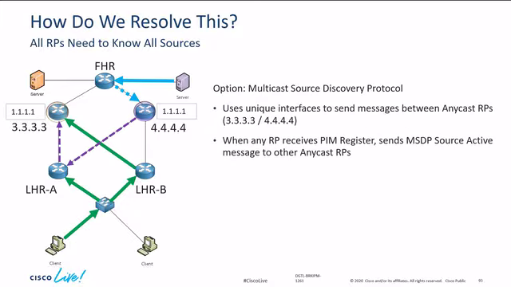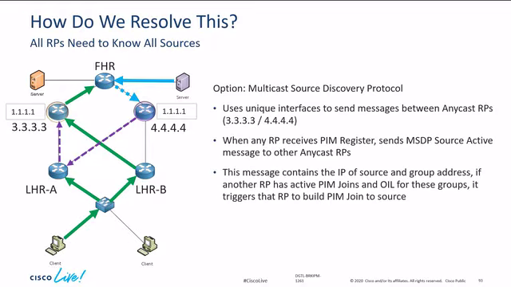So when any rendezvous point receives a PIM register for a particular source, in this case we're going to use MSDP, or Multicast Source Discovery Protocol. A source active message will be sent to any other configured Anycast RPs. So it's going to register it, say, on 4.4.4.4, and 4.4.4.4 is configured to send that information to other Anycast RPs so that they'll become aware of that source also.